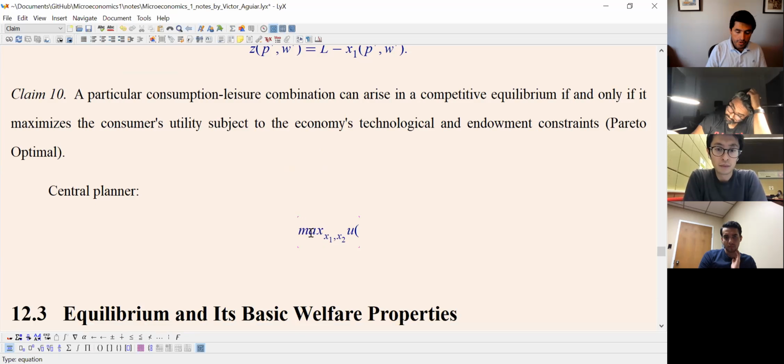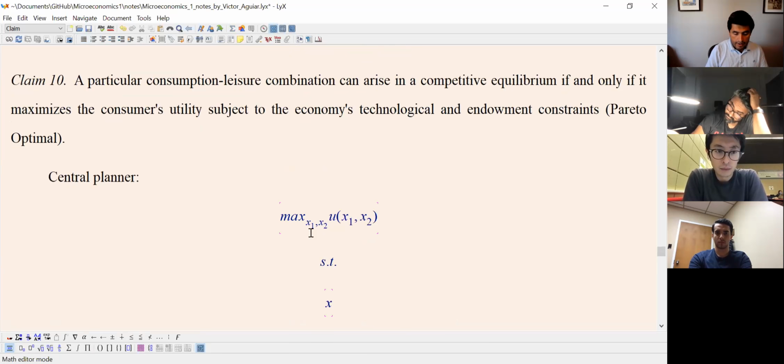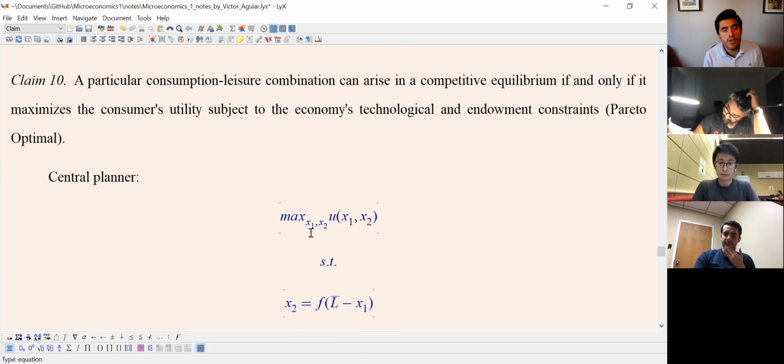The utility of Robinson Crusoe, which is of course a function of x1, x2. And then subject to what? To the fact that x2 is equal to f of labor minus x1. Okay, so this is the central planner problem.